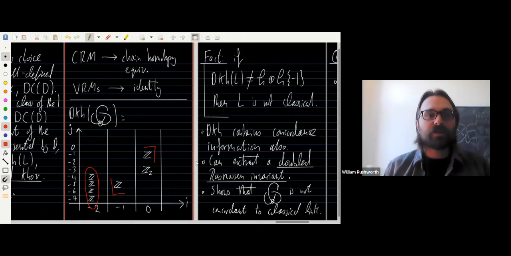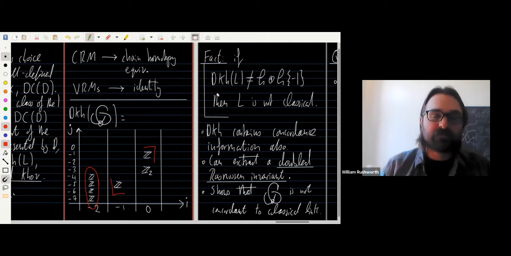In certain situations, for certain restricted classes of link, they can be used for that, but in general, they can't be. But doubled Khovanov homology can be used for this purpose, sometimes.